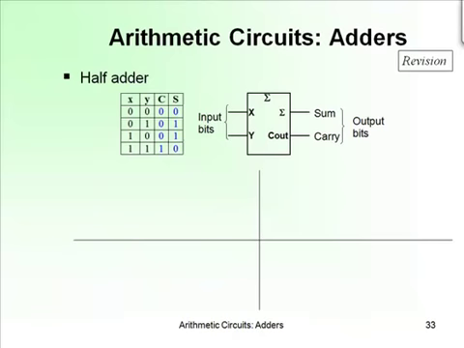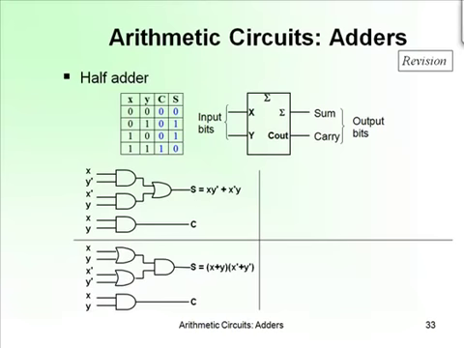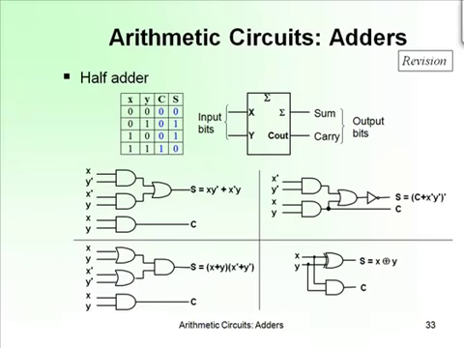So here's our half adder from earlier, and we can see a reduction of the original, showing the logic gates as we begin to reduce the equation. Here's the equation.